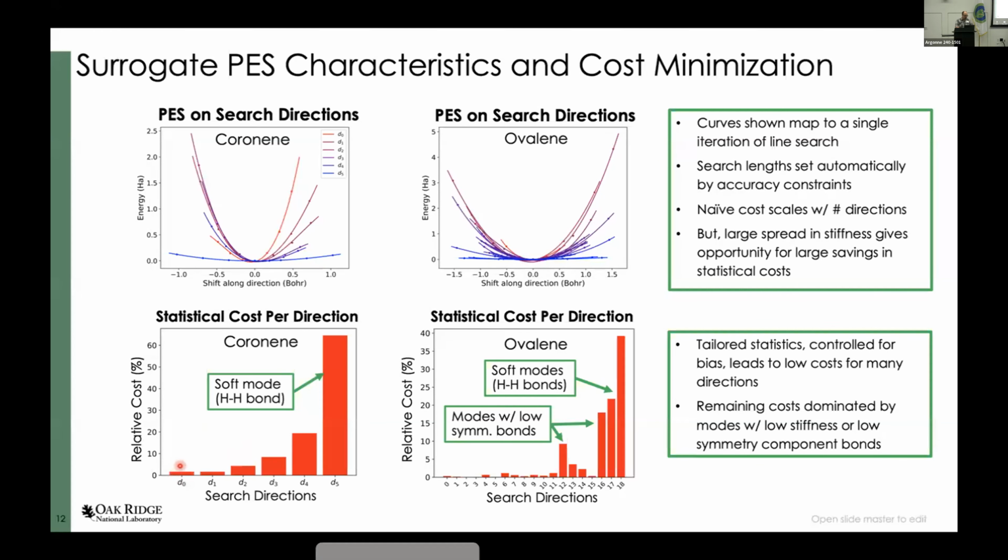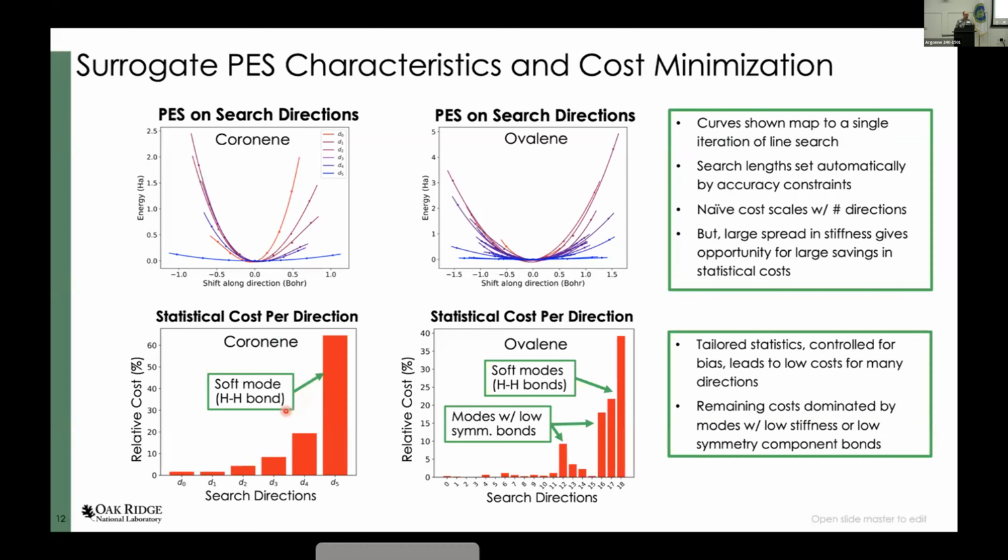These directions cost very little of the calculation, where these 2 dominated, right? This is the hydrogen-hydrogen direction, this is a carbon-hydrogen, and some of these are carbon-carbon. So you're spending a lot less. If you had just said, let me spend the same everywhere, you'd be paying this much for all of them. And you can see by the area that's missing, there's a huge savings on the table there.